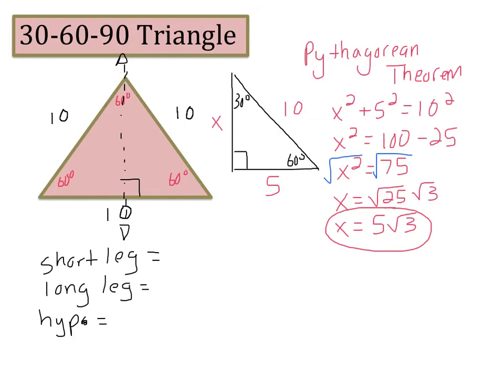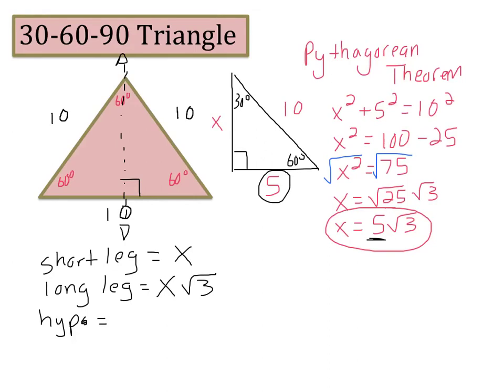So in this example, the shortest leg is 5. So let's just call it x. So the longest leg is 5 times the square root of 3. So the long leg is x times the square root of 3.